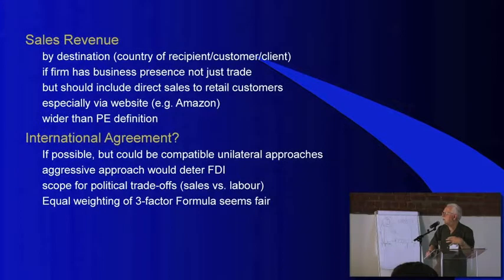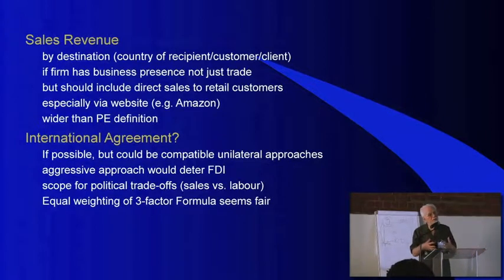And then finally, sales revenue, which weights the consumption side. It should be by destination. An important point there is that it should no longer be based on the permanent establishment notion. Again, this is to deal with an Amazon type situation. The OECD, I think, got rather locked in when they looked at the emerging e-commerce about 10 or 12 years ago, because they thought they would stick with the permanent establishment notion, and it's difficult to describe a website as a permanent establishment.